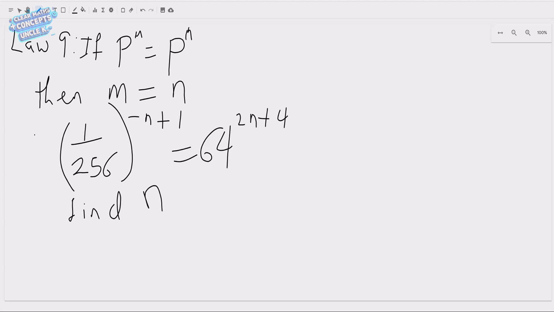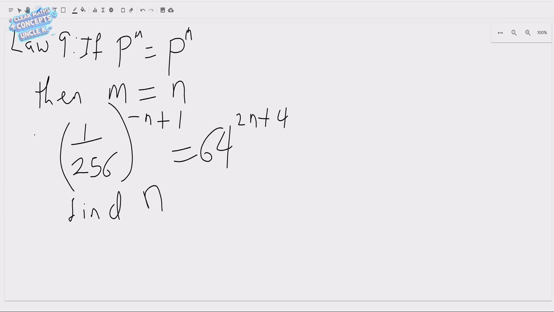So what you do here is express the terms in index form. 1 over 256 can be expressed as an index of 4. 64 can also be expressed as an index of 4. But in case you cannot figure that out, just start dividing 256 by 2.